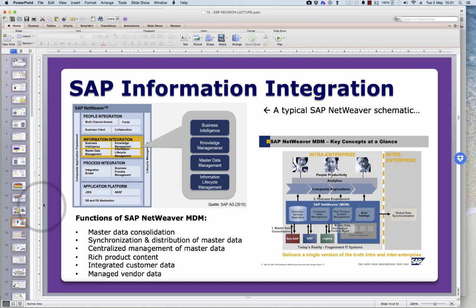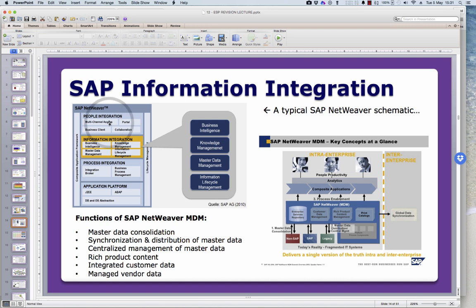We looked at information integration. So here we have information integration, which consists of business intelligence. You've got knowledge management, lifecycle management, and master data management. So in each of these sections, you can see there's different elements. So in people integration, you've got multi-channel access.